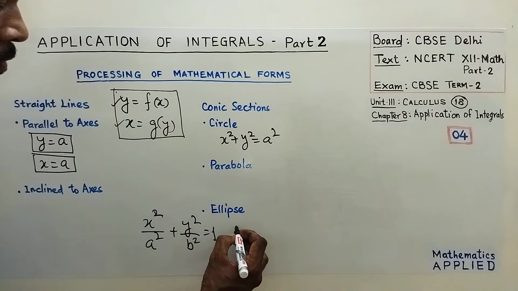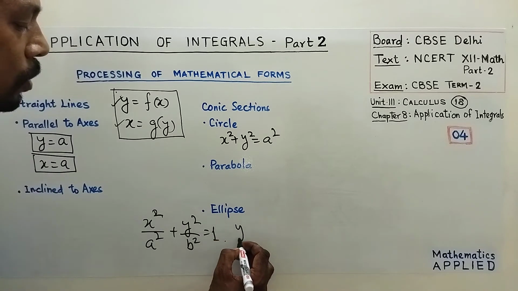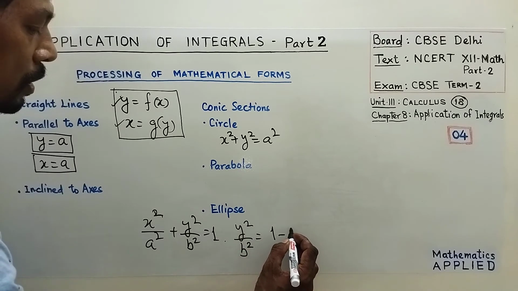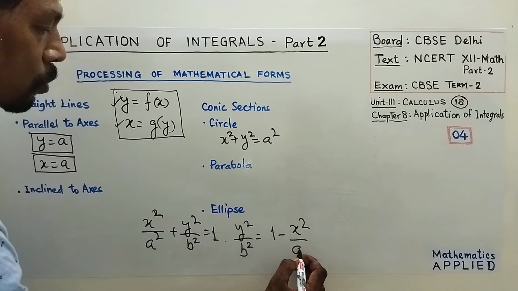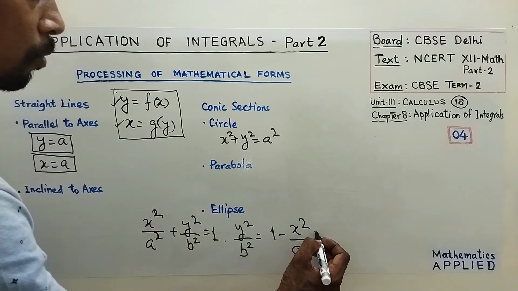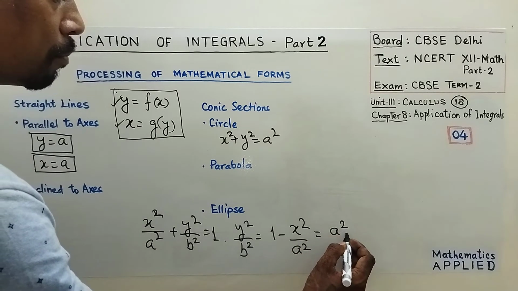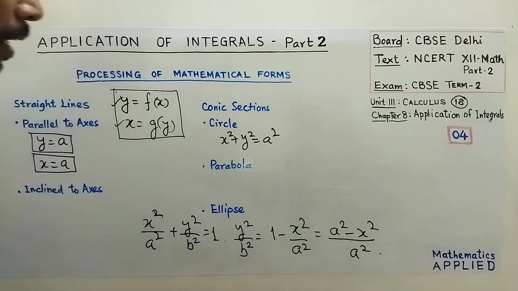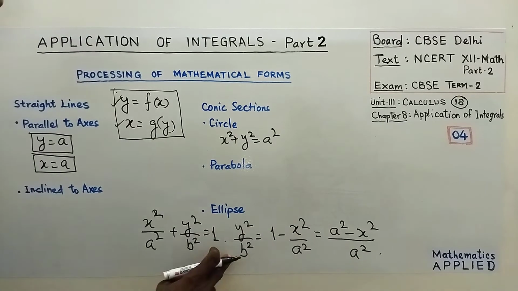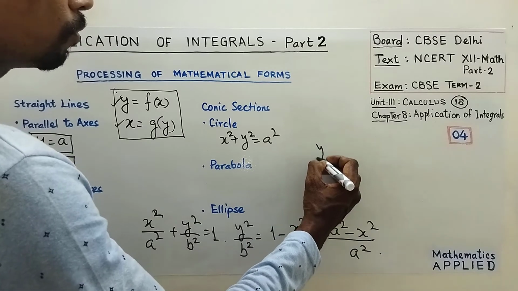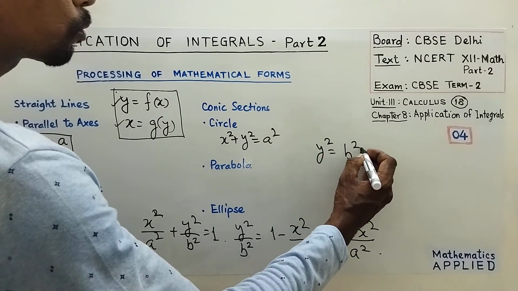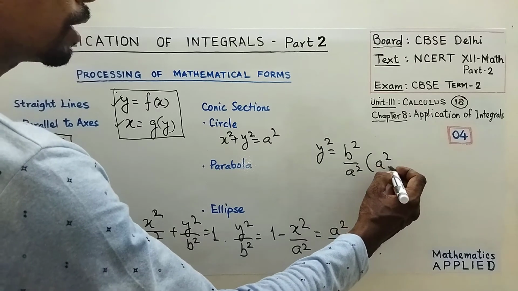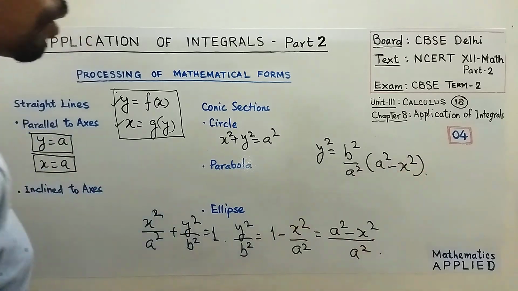If you try to solve this, you get y square by b square equals 1 minus x square by a square, which is equal to a square minus x square by a square, right? You take this b square on the other side, so you have y square equal to b square by a square into a square minus x square. This is what we have.